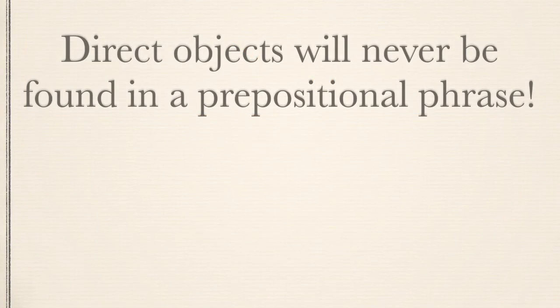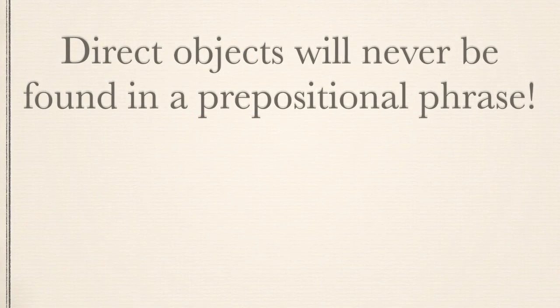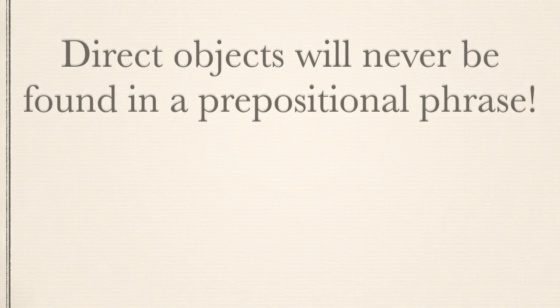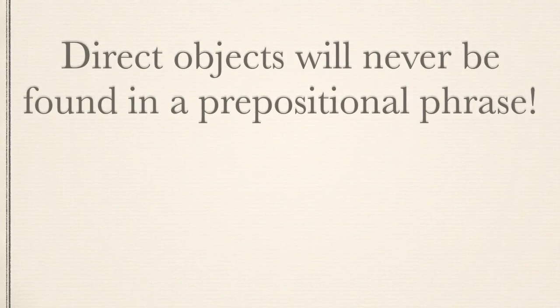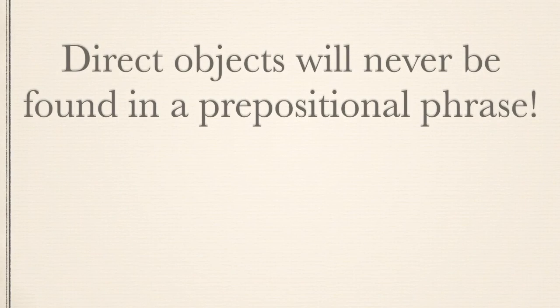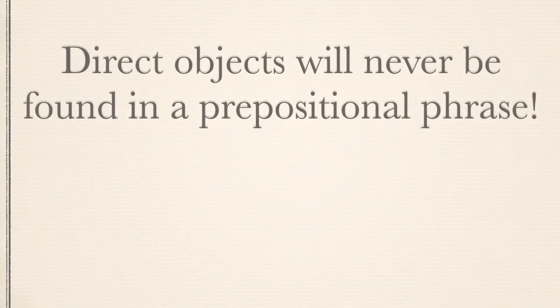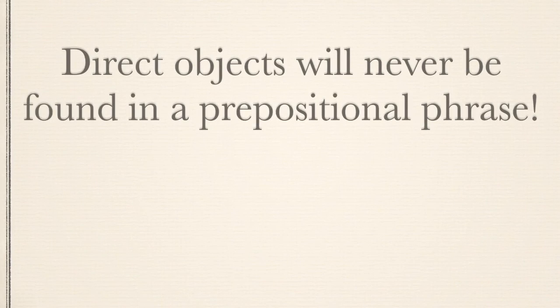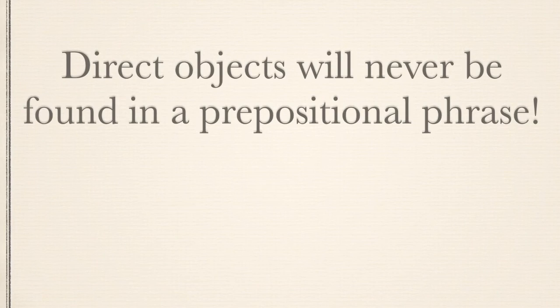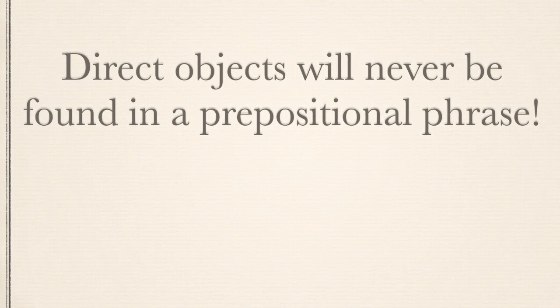Alright, so here's one last important reminder. Remember how when we talked about prepositional phrases and finding subjects and how it can be tricky to find the subject when there are so many different nouns in a sentence? Remember we mentioned how the subject of the sentence can never be found in a prepositional phrase? Well, guess what? The same applies to a direct object. A direct object can never be found in a prepositional phrase.